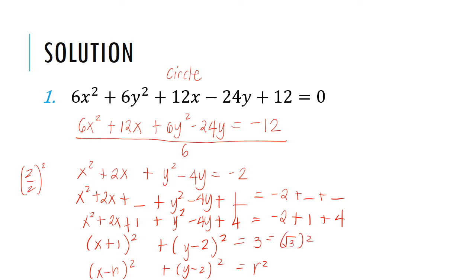Therefore, the equation 6x squared plus 6y squared plus 12x minus 24y plus 12 equals 0 can be converted into the standard form of a circle with radius square root of 3 and a center of negative 1, positive 2. Therefore, our assumption is correct. The general equation represents a circle.